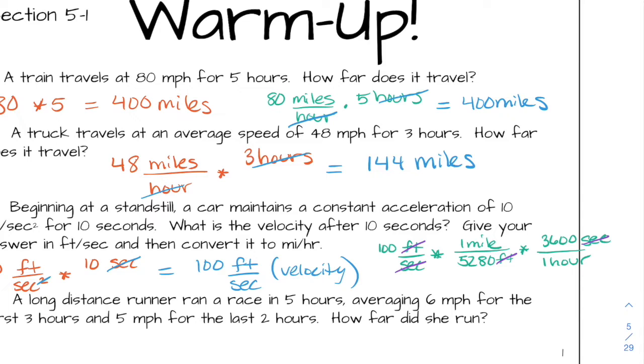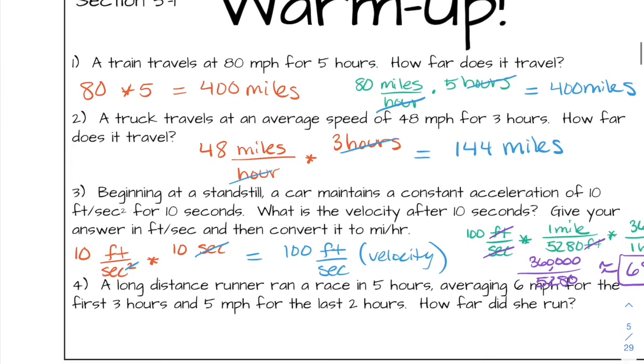So we have 100 times 3,600, and so that is 360,000. So we'll get 360,000 divided by 5,280. And so we'll divide that, and we get about 68 miles per hour. All right. Kind of ran out of room for that one.